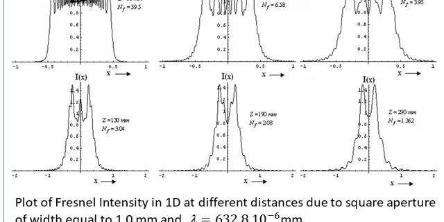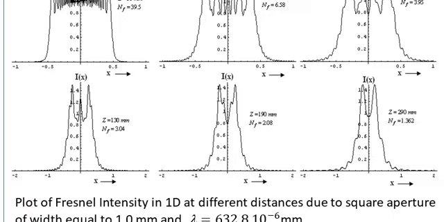If you go further to the right, we have z equal to 190 millimeter, NF is equal to 2.08. The intensity has gone beyond minus 2 to plus 2, and the sharpness has improved a little bit, because the intensity which was peaking in the center is now going in an inverted shape. And when we go further, when capital Z is equal to 290 millimeter, the NF becomes equal to 1.362.